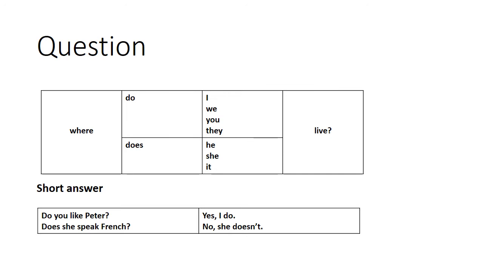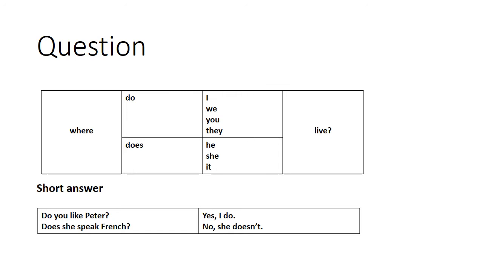For example, where do we live? Where do you live? Or if I use a subject like he, she, it, we should say, where does she live? Where does he live?